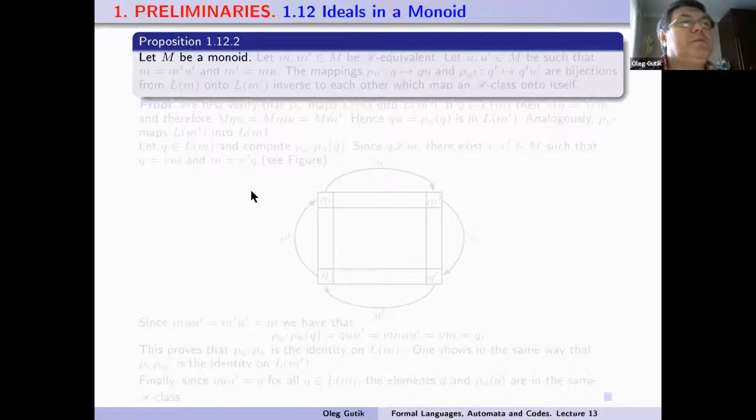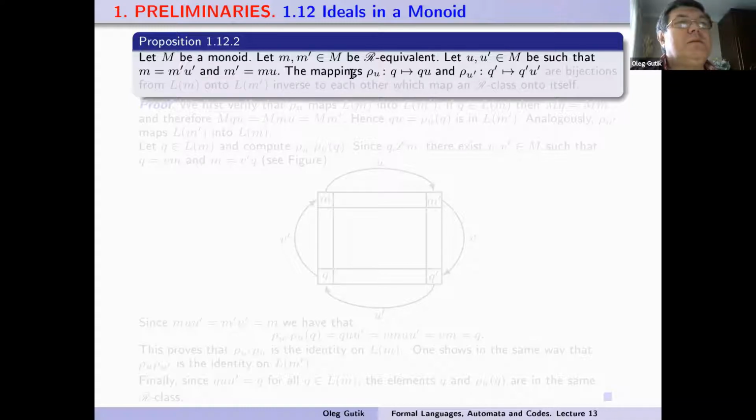The next proposition, proposition 1.12.2. Let M be a monoid, and let m and m' be elements of M that are R equivalent. Let u and u' be elements of the monoid M such that m = m'u' and m' = mu.